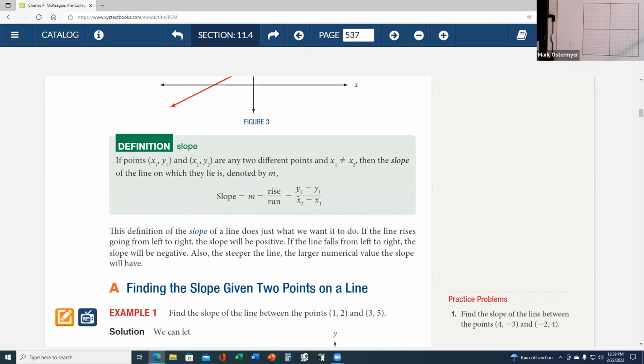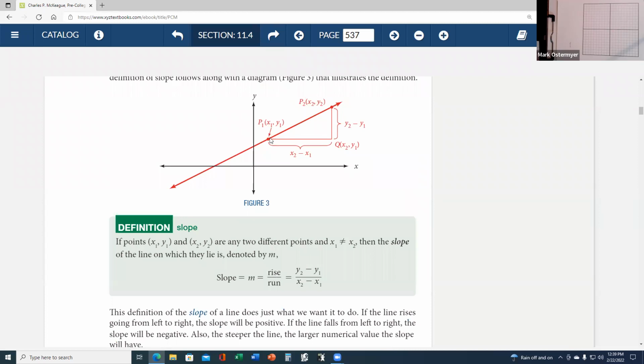Specifically, it's equal to the difference in the y coordinates divided by the difference in the x coordinates as we walk from one point on the line to another point. This formula will enable us to compute the slope of a line given two unique points on the line. Any questions about the slope formula and how it was developed?